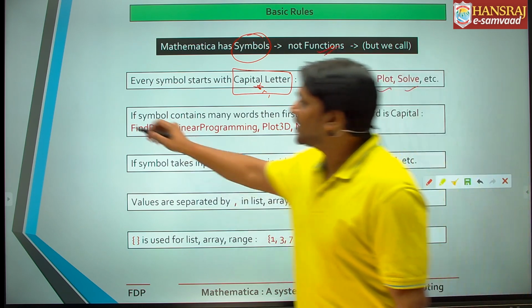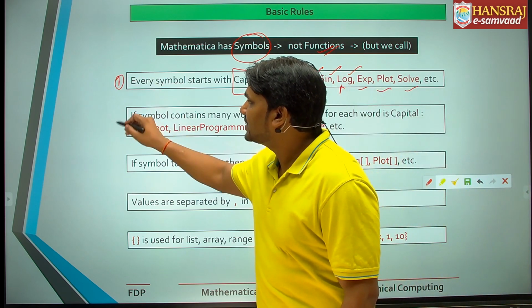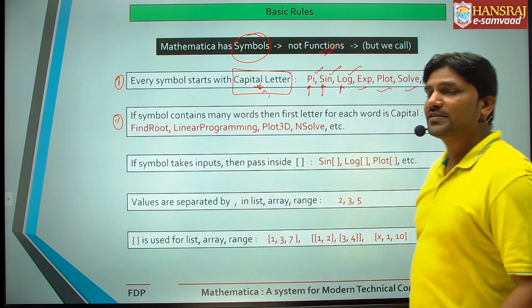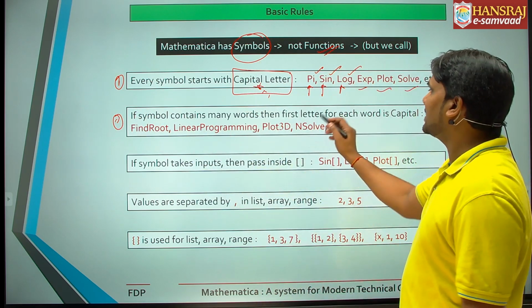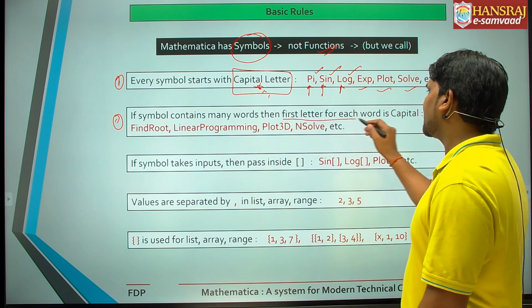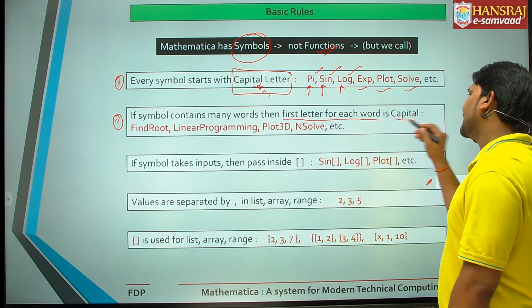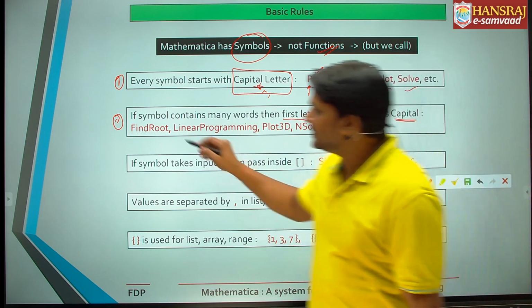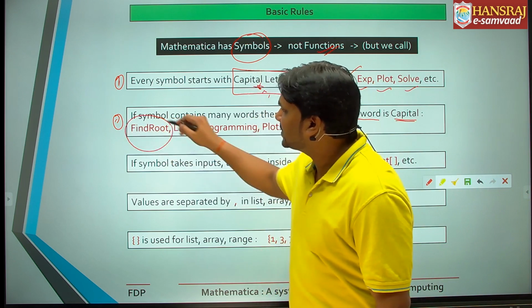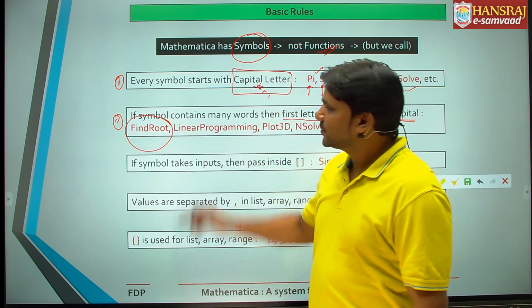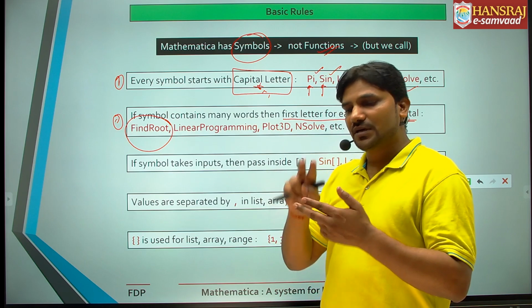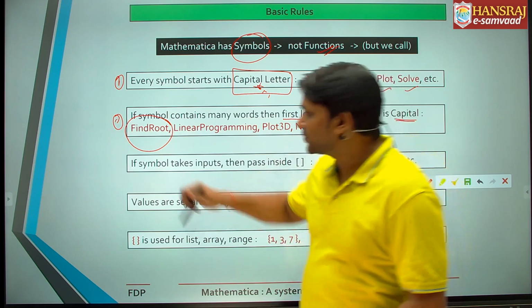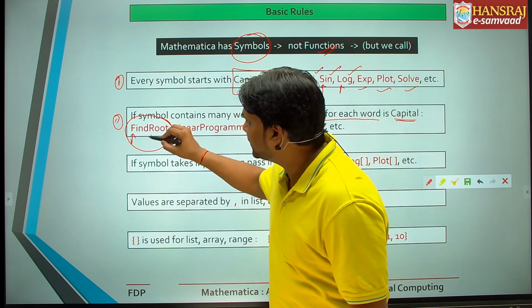Okay, that was the first rule. The second rule is, if a symbol contains many words, then the first letter of each word should be capital. Let's say one function is FindRoot. Find and Root are two words, so F should be capital, R should be capital.